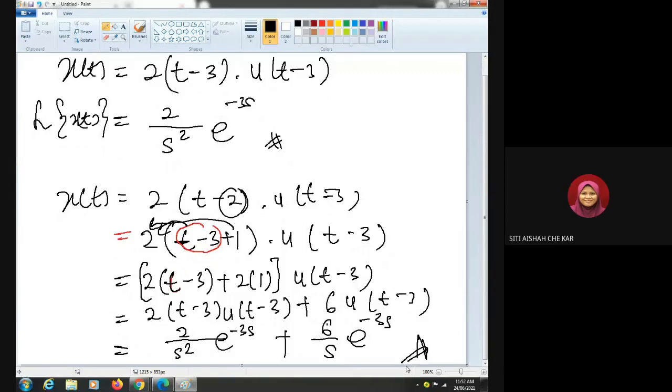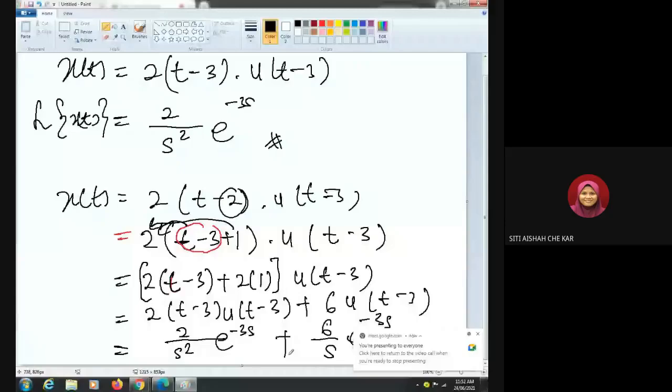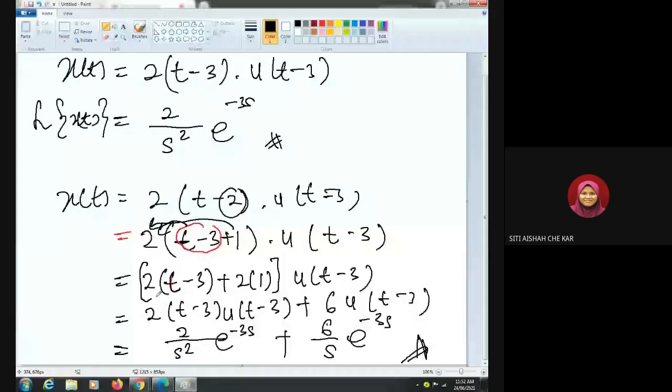Okay ke? Yang 6 tu dapat macam mana, madam? Dari mana dapat 6 ni? Macam mana nak 6? Saya salah kira sekejap. 6 pula berapa? Bukan 6. 4 kan? Yes, 4. Sorry. Okay. This is 4 actually.